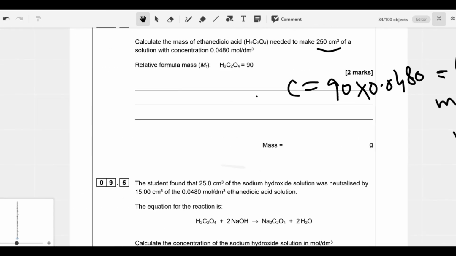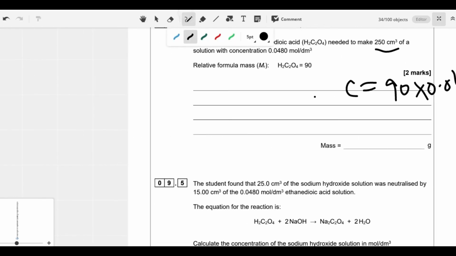The second method is one in which you need to find the moles first. So moles is equal to the concentration, 0.480, times the volume in decimeter cubed, so 250 over 1000.